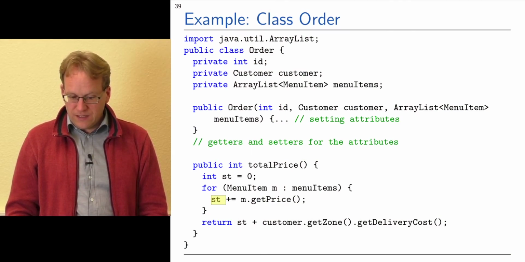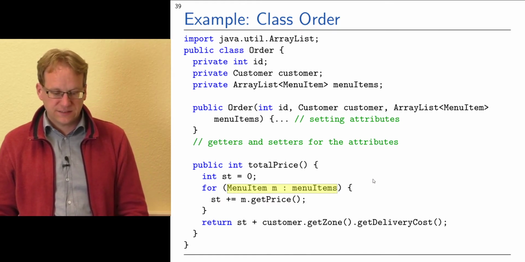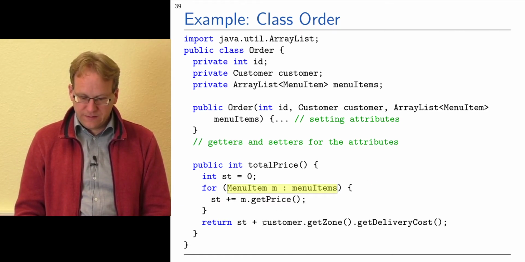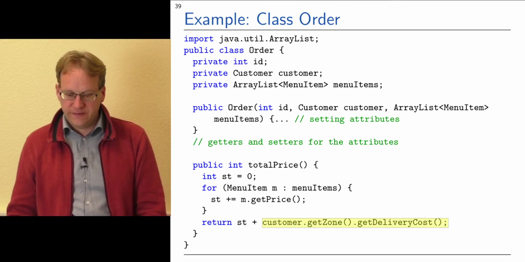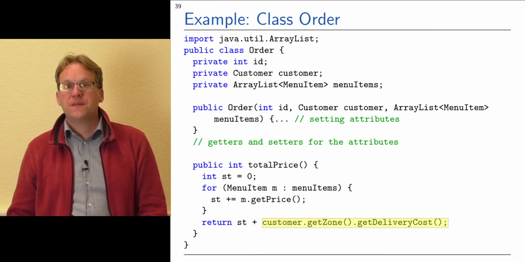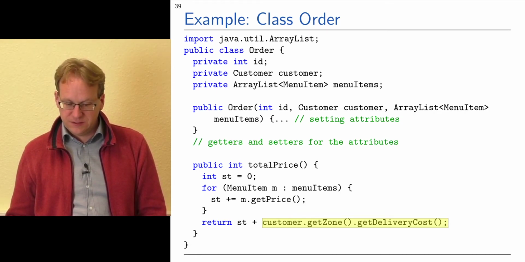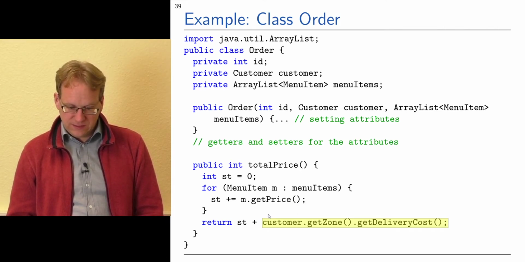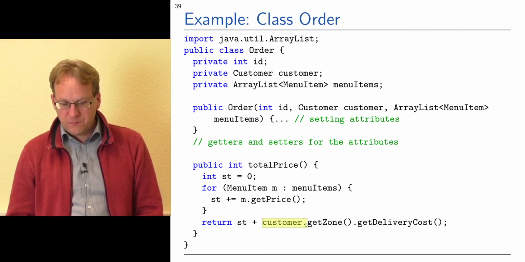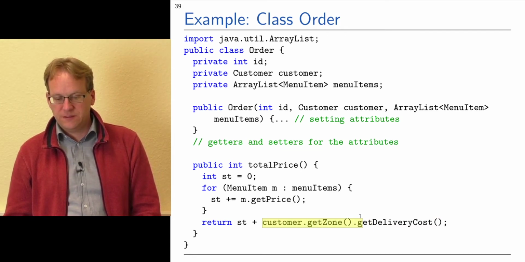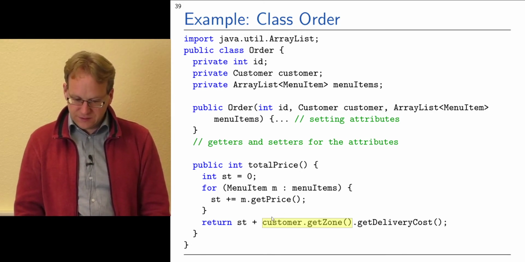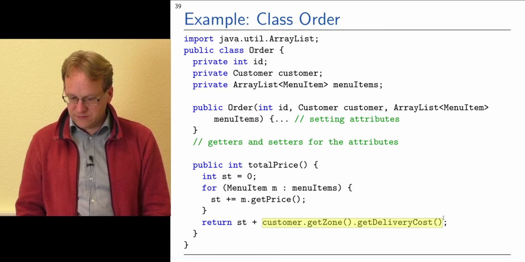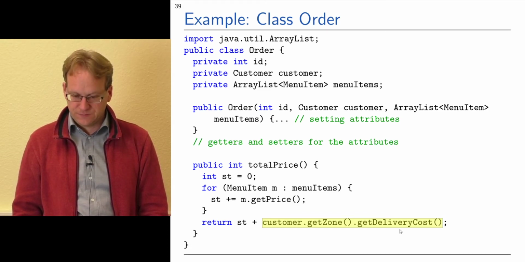And after we have iterated all the menu items in our array list, we must not forget that we are also required to pay the delivery cost associated with our zone. So we need to ask the customer, please give us the zone you are living in, and we ask that zone, please give me your delivery cost.